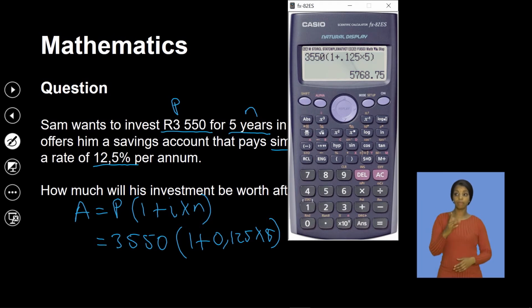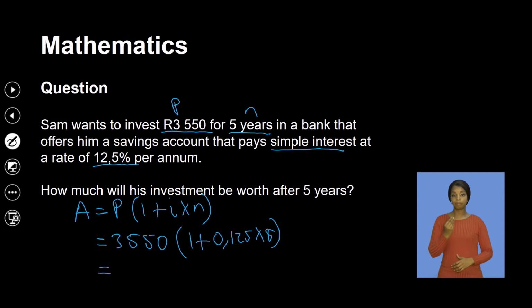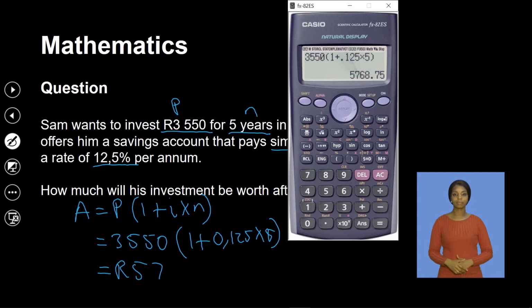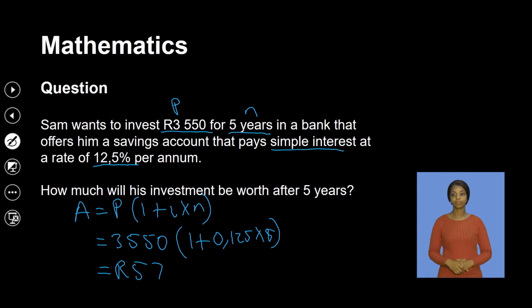So that's 5,768. Let me just verify. Yes, 5,768 and 75 cents. Please remember that this is money, so you don't say comma 75. Rather, it's and 75 cents.